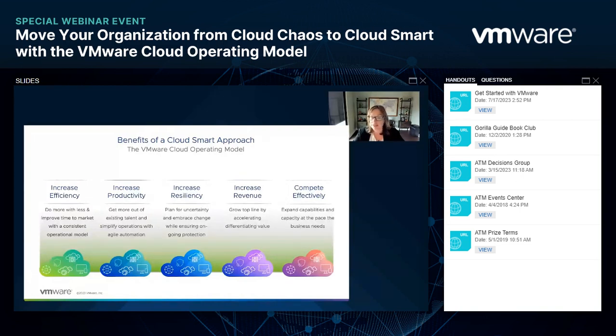You increase resiliency, and so you can plan for uncertainty and embrace change instead of resisting and fearing change, while adding ongoing protection. I don't have time to go into all of our capabilities today, but ransomware is something that continues to come up with our customers, and we have a really good solution with our VMware Cloud portfolio that protects you against a ransomware attack.